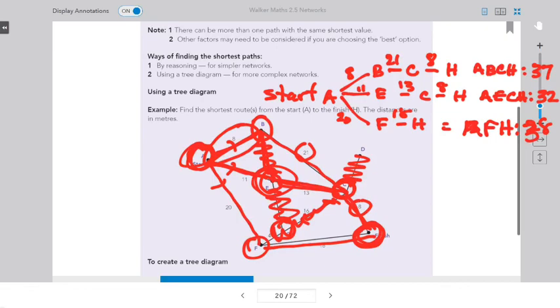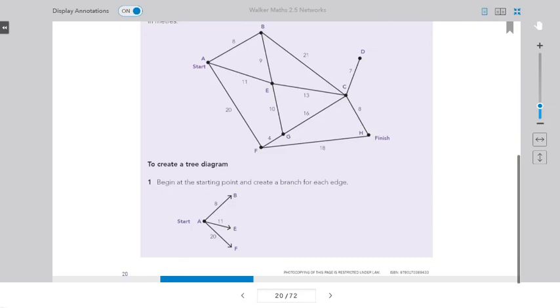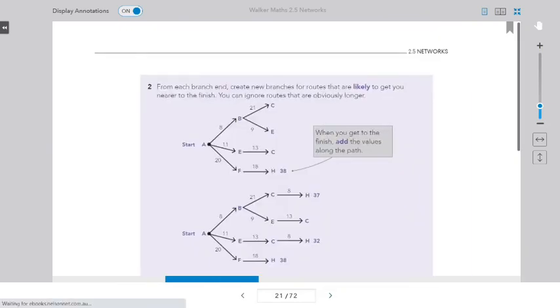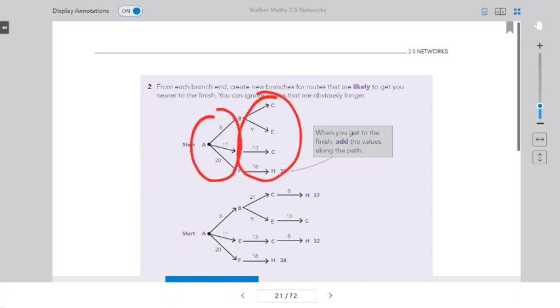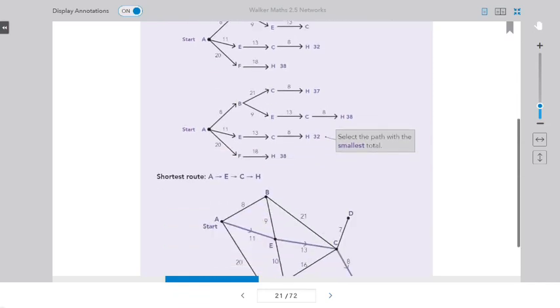So if you look at their diagram, they started at a common starting point, and then they showed every point that might make sense. And then they did another diagram here with another set of steps. So they eventually got there for all of them. But they were doing it in pieces just to show you.